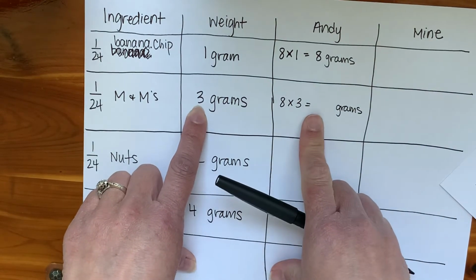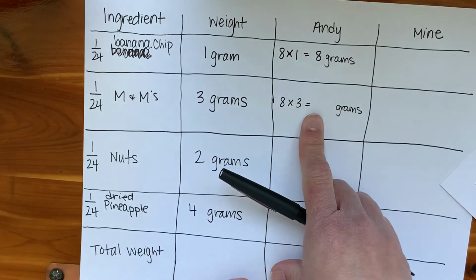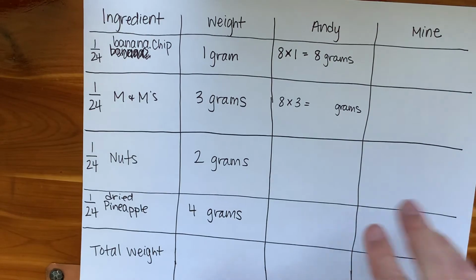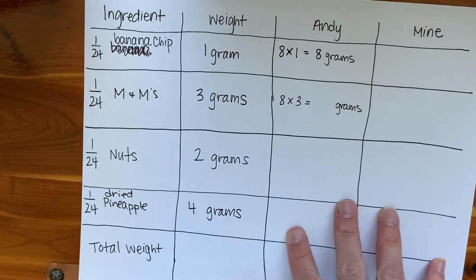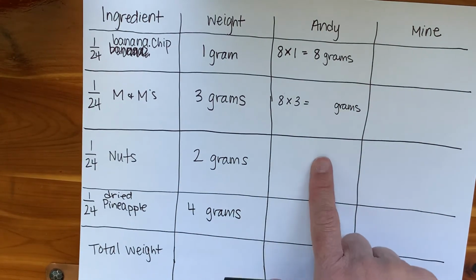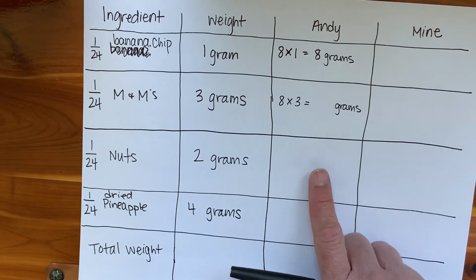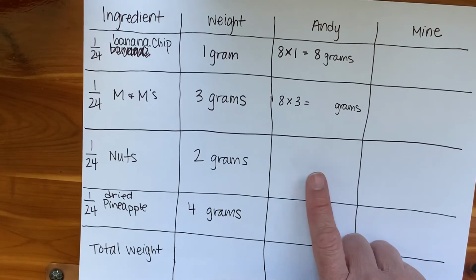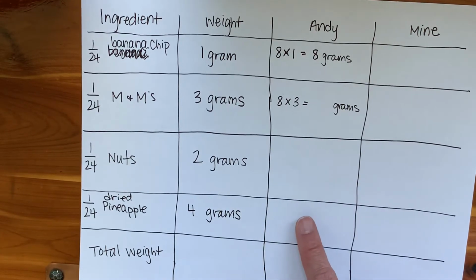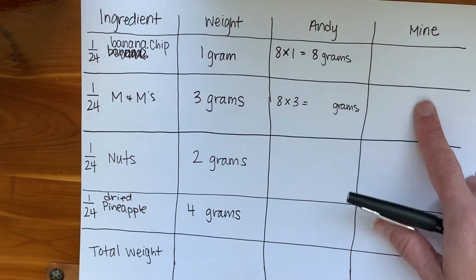Here's your assignment today. Go ahead and finish the rest of the chart. You're going to find out how many grams the nuts in his trail mix weighed, and how many grams the dried pineapple weighed. Then you need to do the same for each of yours.